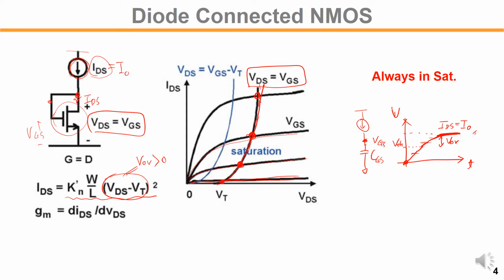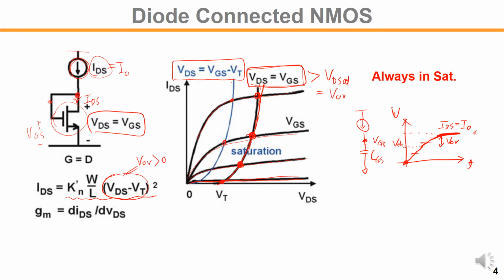If you look closely at the boundary condition that divides the triode region from saturation, because VDS is always equal to VGS, this is always greater than VDSAT, meaning the overdrive voltage.